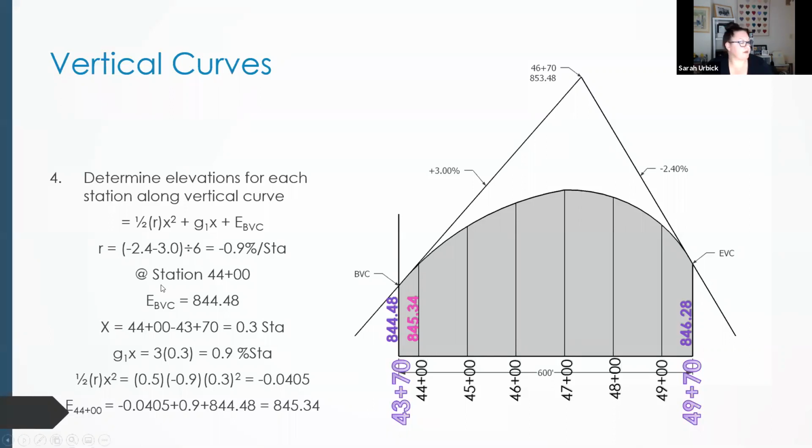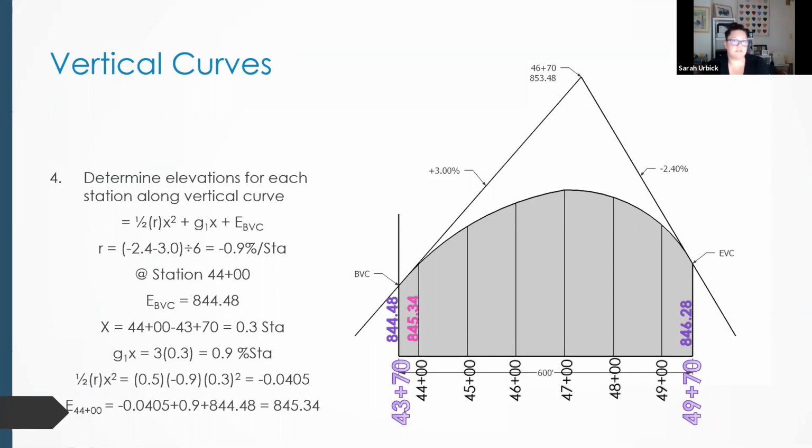We did the math here to find out what R was. G2 minus G1 divided by L gives us a negative 0.9% decrease per station.